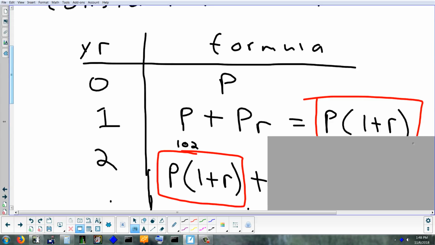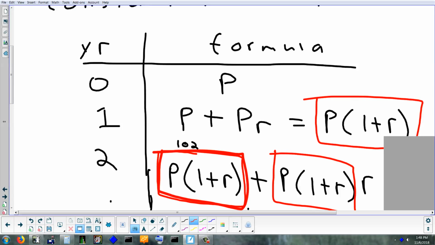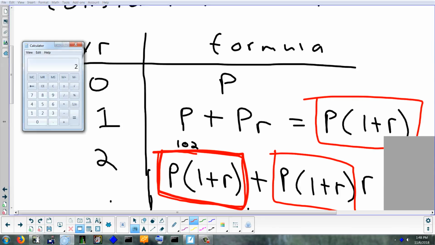This is how many people we have. So we take that times R. So we have 102 plus, now it's going to get into decimals. With people, you don't have decimals. But 102 times a growth rate of 2% means you gain another 2 people and change. So we'll just say 2 people. So now you would have 104 people.